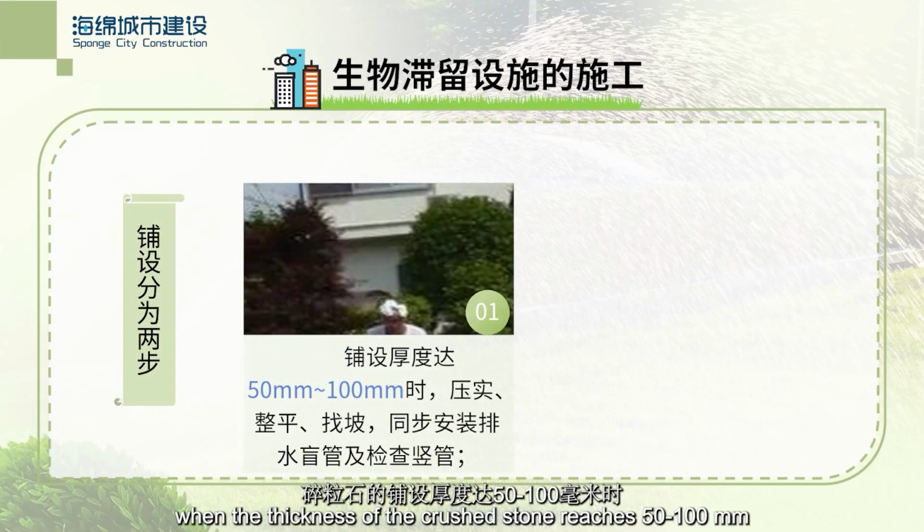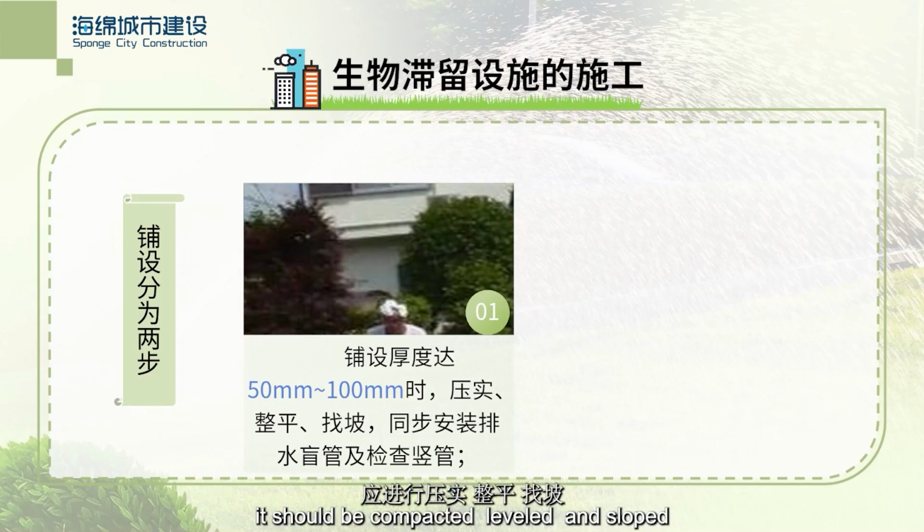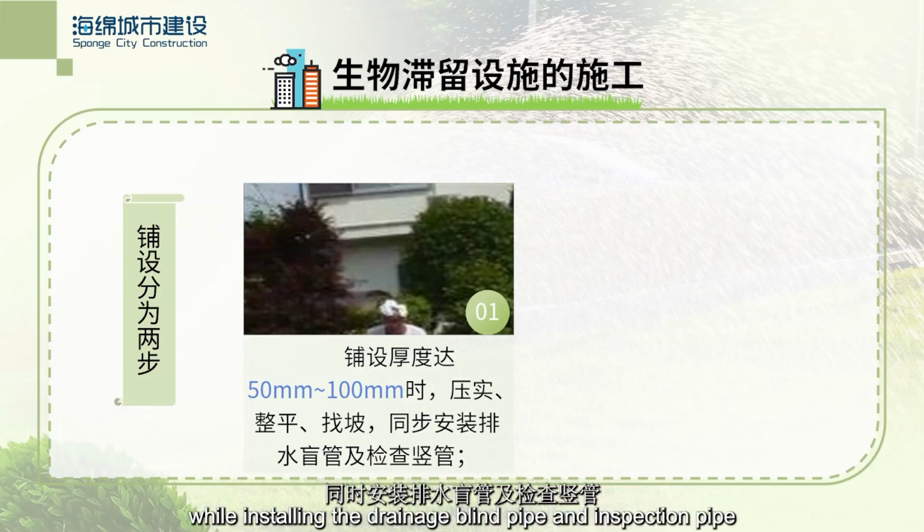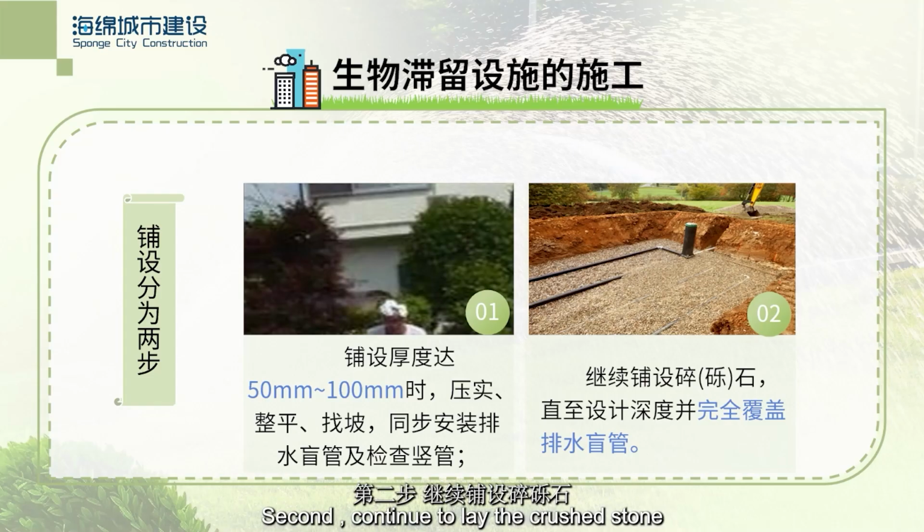First, when the thickness of the crushed stone reaches 50 to 100 millimeters, it should be compacted, leveled, and sloped, while installing the drainage blind pipe and inspection pipe. Second, continue to lay the crushed stone until it reaches the designed depth, completely covering the drainage blind pipe.